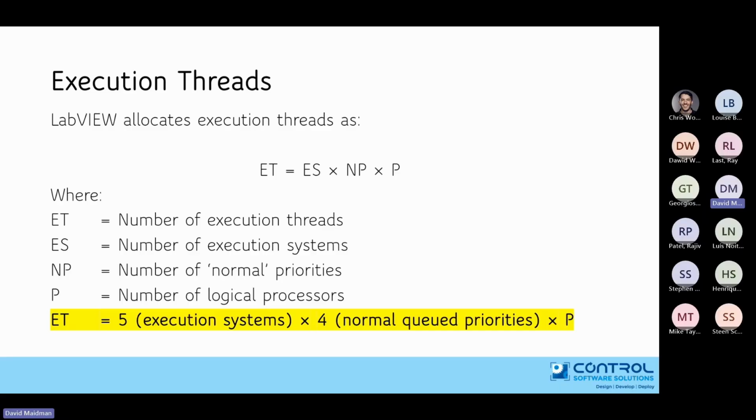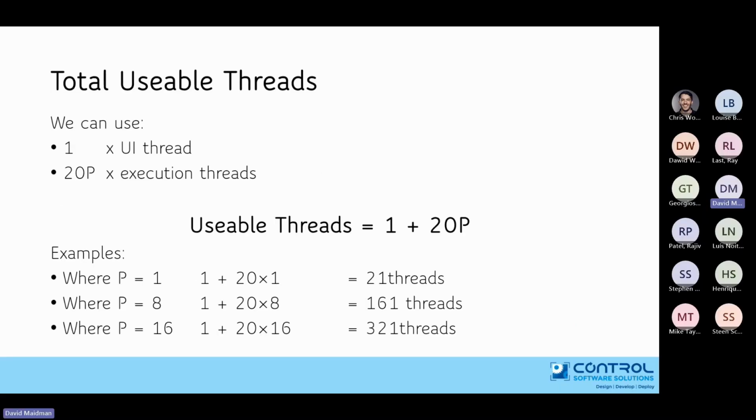What that works out to is 5 execution systems times 4 normal priorities times P, where P is the number of logical processors. We'll come back to this. So what we have usable is 1 UI thread and 20 times P, 20P execution threads. So our usable threads is 1 plus 20P.